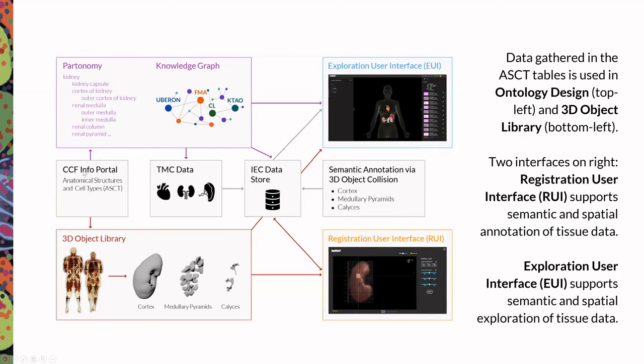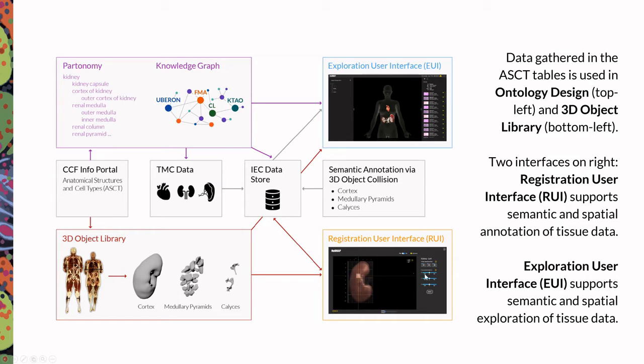In general, the process is as follows. The anatomical structure tables here again used to get to taxonomies, but also knowledge graphs, which are needed for interlinking HuBMAP data to the much richer ontology data that exists out there, which ultimately also links to diseases, and also taking the AST+B tables to create an object library.